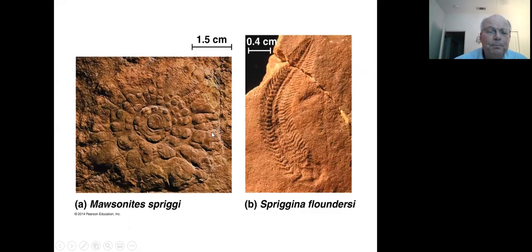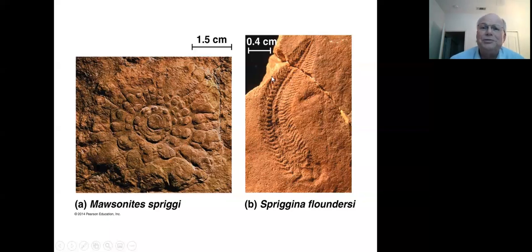So here are some of the Ediacaran fauna. This one you should be familiar with because you will have seen this one in the fossil lab. I brought back a resin casting of the original fossil. So this is what we think is a fossilized jellyfish. That's the way it's been interpreted. We're not entirely sure what this is, other than it's bilateral and it appears to have a vertebral column.